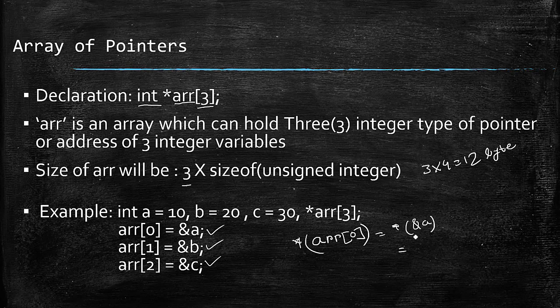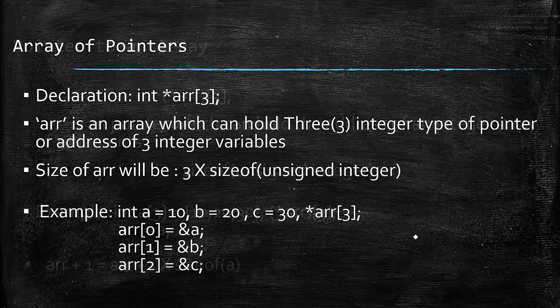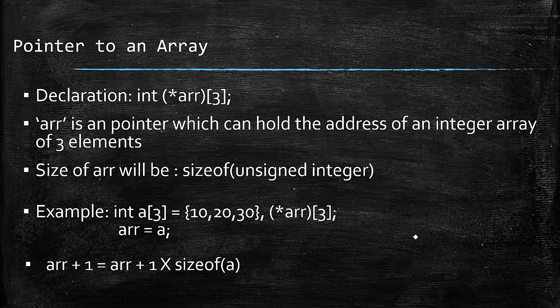Now the next thing we are going to discuss is pointer to an array. First, I notice that here the asterisk ARR we are writing in the parenthesis. Why is the parenthesis operator, or the first bracket, used? It is used to increase the precedence or the priority of an operator.